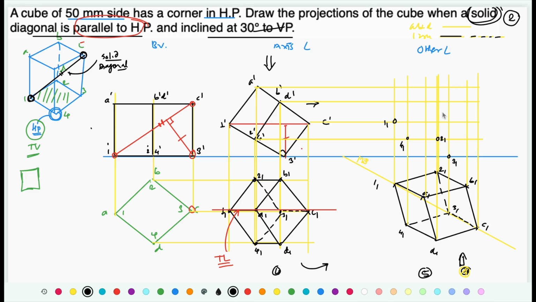Now let's mark the ABCD face. So this is A1, sorry, all these are points of the front view, so it has to be dash on their head. A1 dash, where is B? So this is B1 dash, probably this is, yes, C1 dash, and where is D?